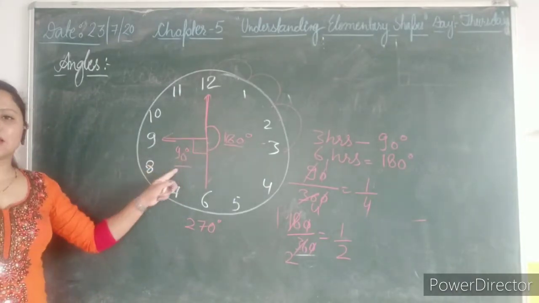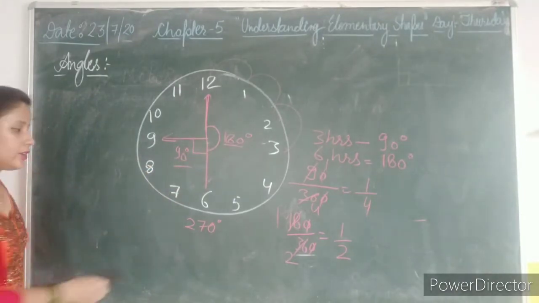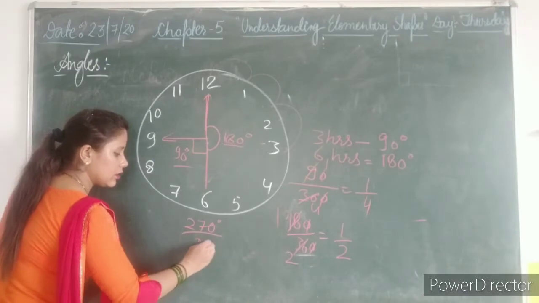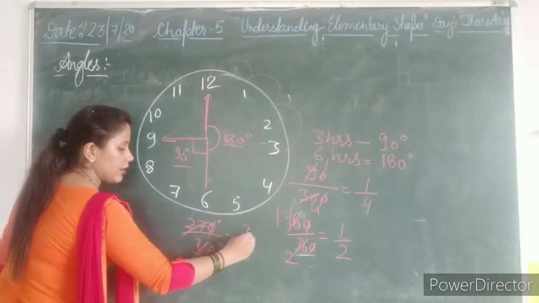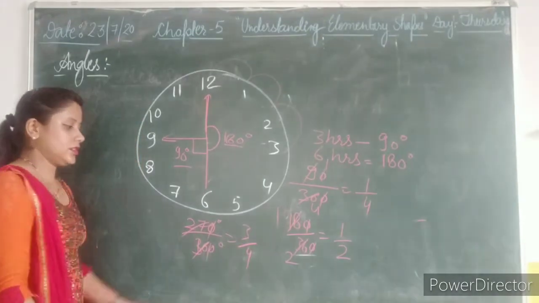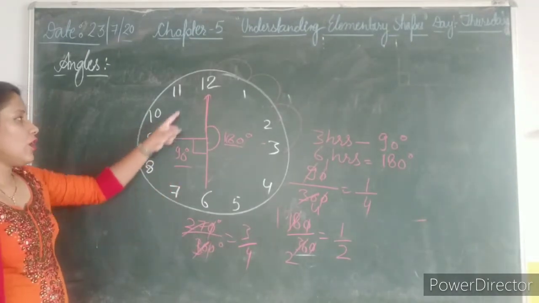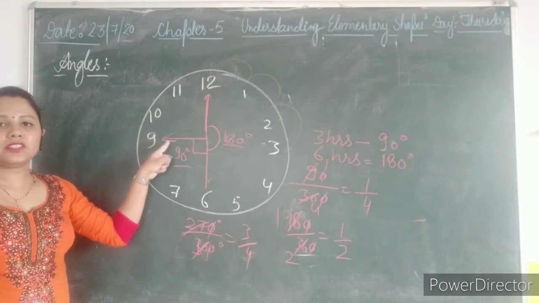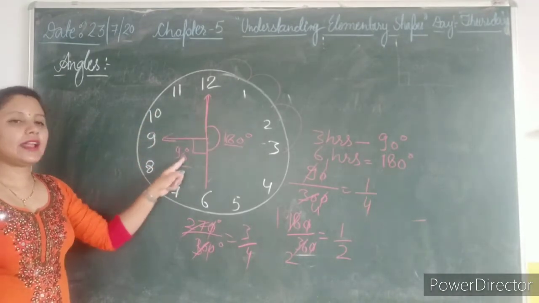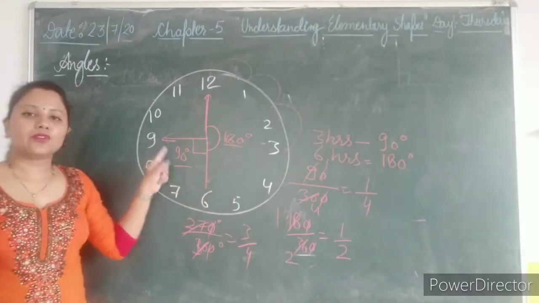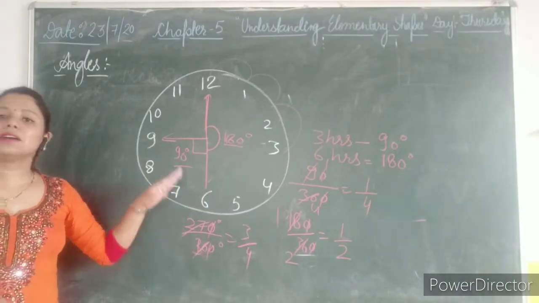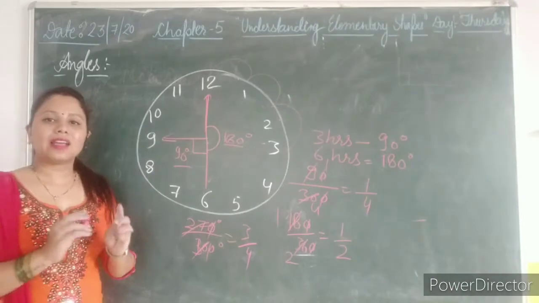And 270, 0 0 cancel, 9 2 is 27, 9 2 is 36, 3/4 part. So when you started from 12 and reached at 9, it will cover 180 and 90 together. So that is 270 degree angle, which is a 3/4 part of a complete angle.